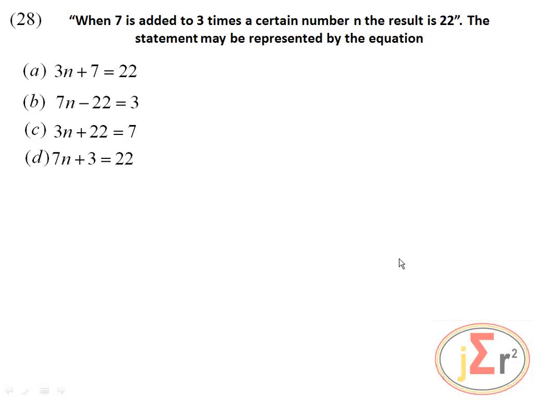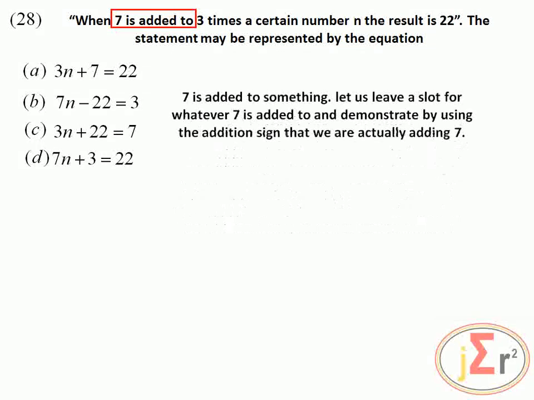When 7 is added to 3 times a certain number, n, the result is 22. The statement may be represented by the equation. Let us determine the equation. 7 is added to, that is what we are highlighting on this occasion. 7 is added to something.